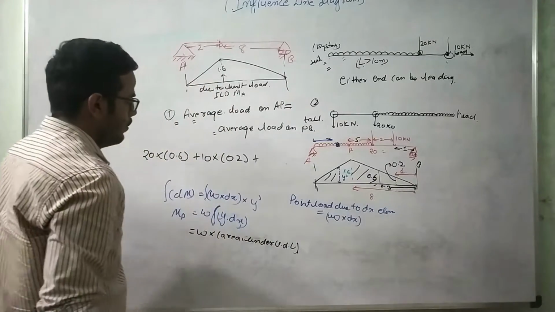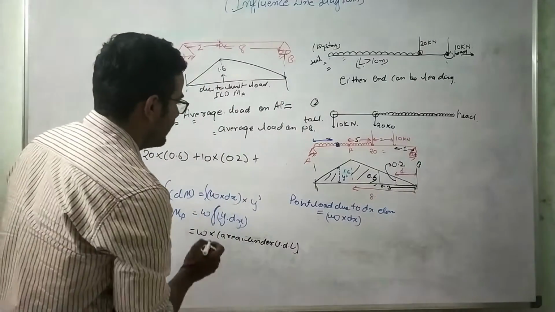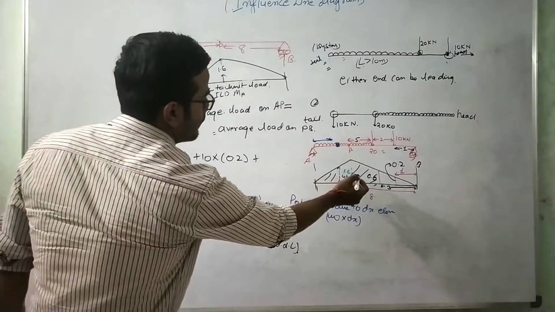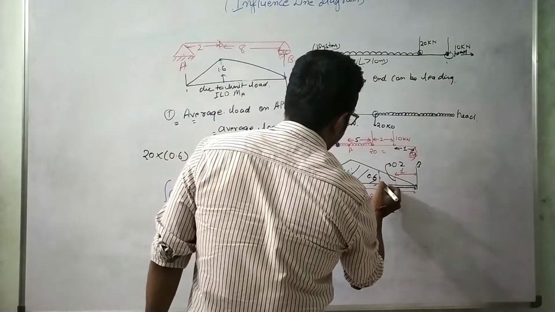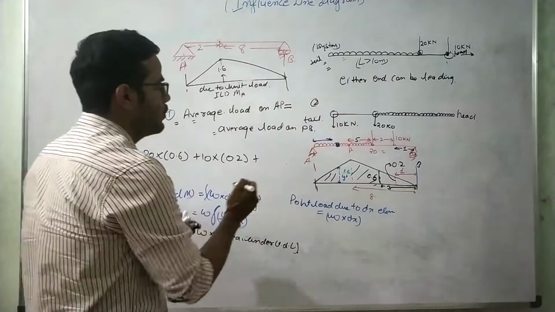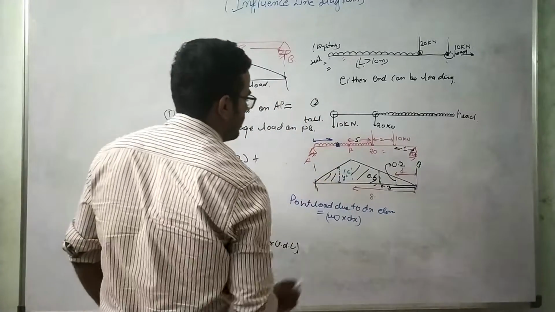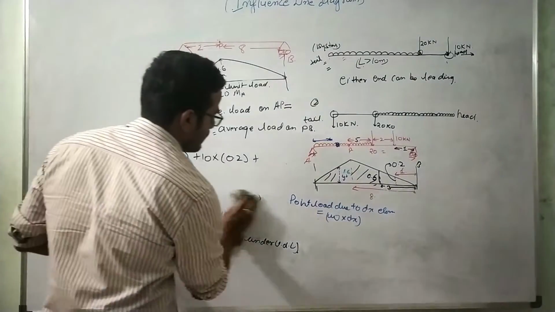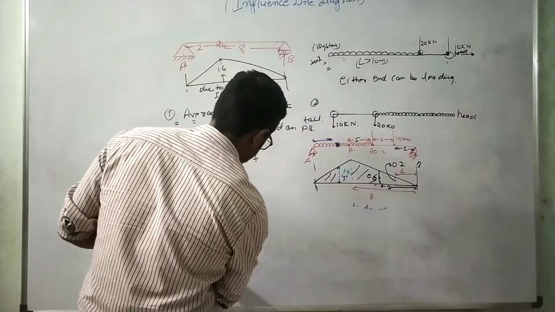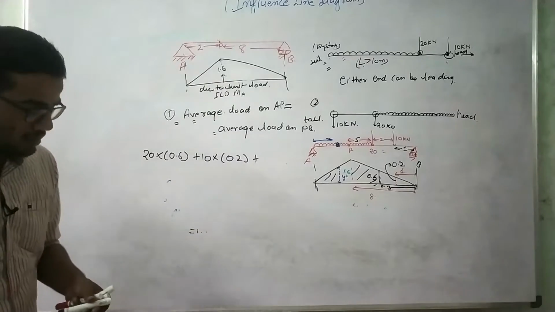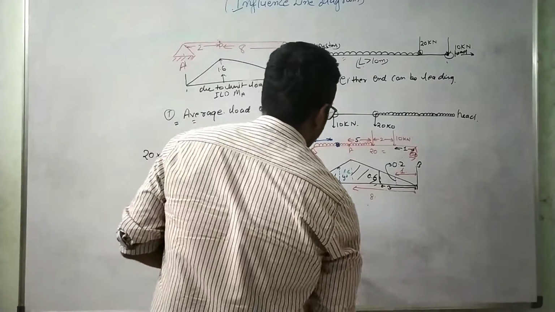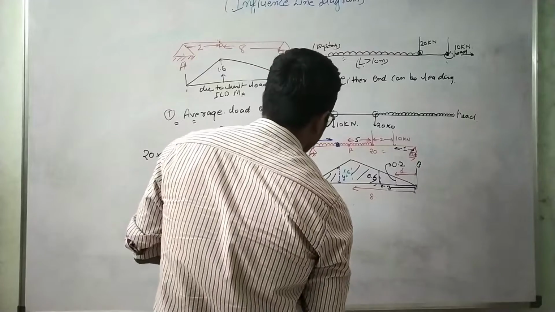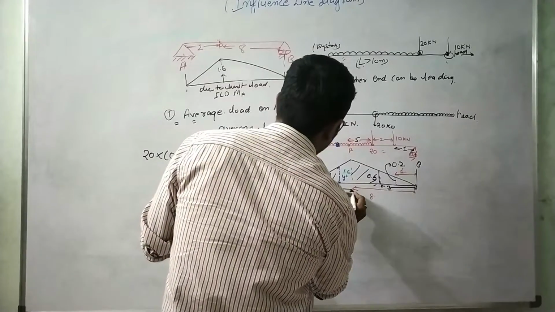So what we will do over here, we will simply multiply the intensity of the UDL by the area up to this portion where the UDL is acting. Now we need to calculate the area of this triangle plus this trapezium. This distance is 2 meter.